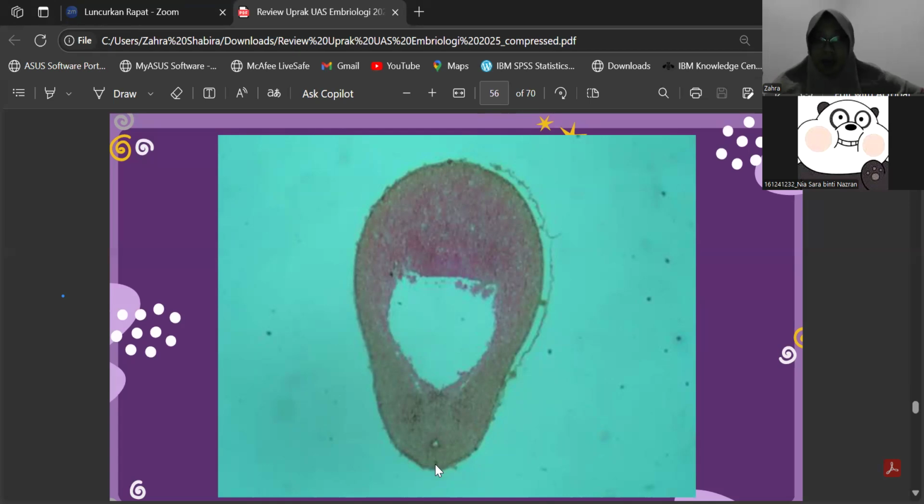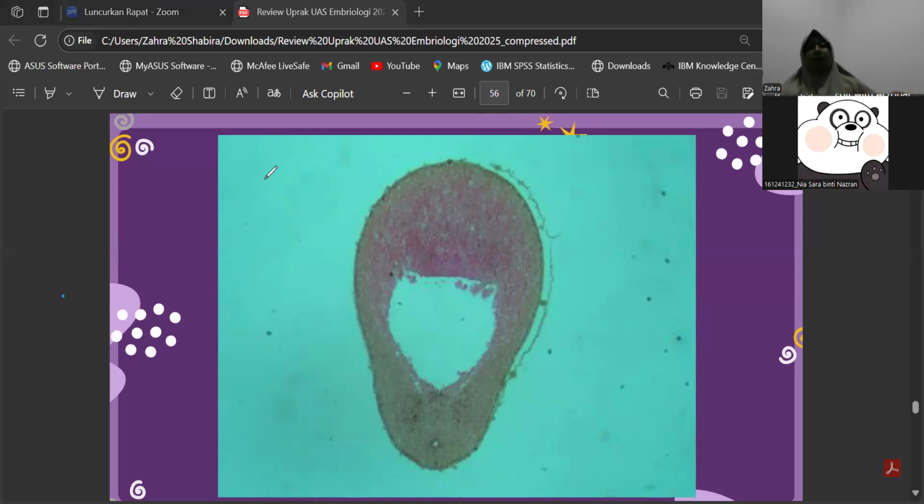You do not find anything like a neural crest anymore over here. So how can you figure out the difference between early and late neural tube? Just imagine the form.